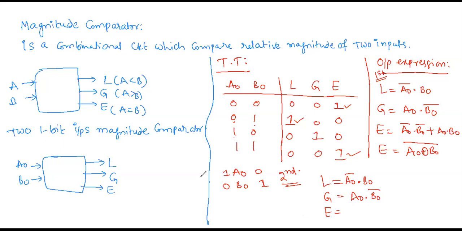Equal: when the two are both 0 or both 1. Both 0 means A0 bar B0 bar, plus A0 B0. This is nothing but A0 XNOR B0. You may feel it is similar to the above one, but when the number of inputs increases, you will feel the difference.